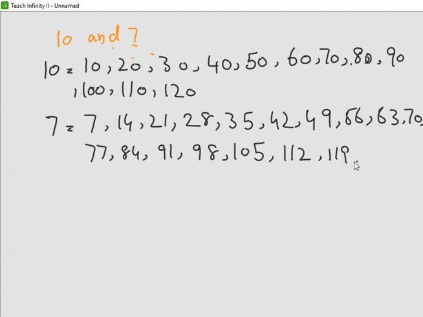Now we have to find the common multiples of 10 and 7. Here we have just only 70. As we have studied in the rules of divisibility, if there is 0 in the last of the number, that will be divisible by 10. So in the table of 7, we have just only 70 that is the common multiple of 10 and 7.